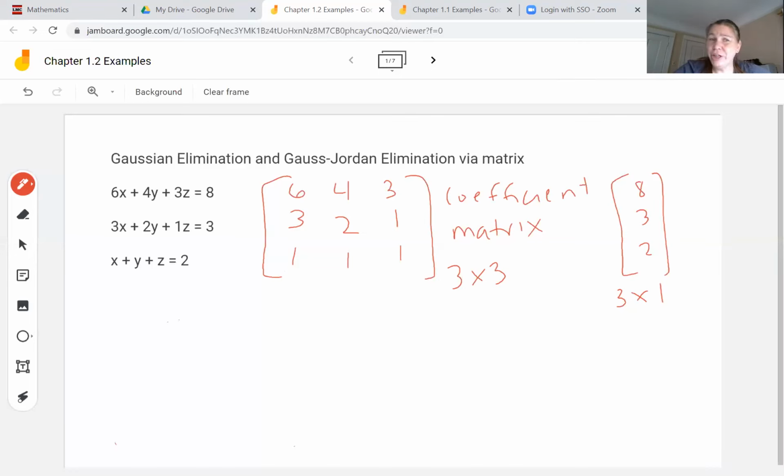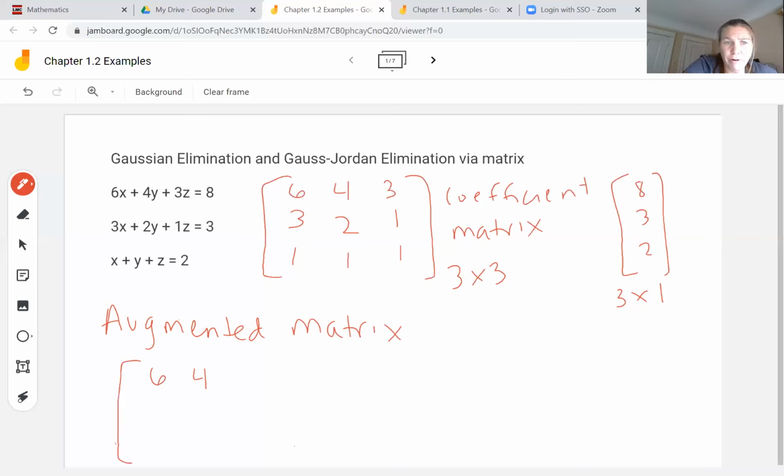We like to be efficient and combine the coefficient matrix and the column vector into one matrix known as the augmented matrix. So our augmented matrix here for this system of equations is going to be 6, 4, 3, 8, 3, 2, 1, 3, where this last column corresponds to the solutions for each equation.